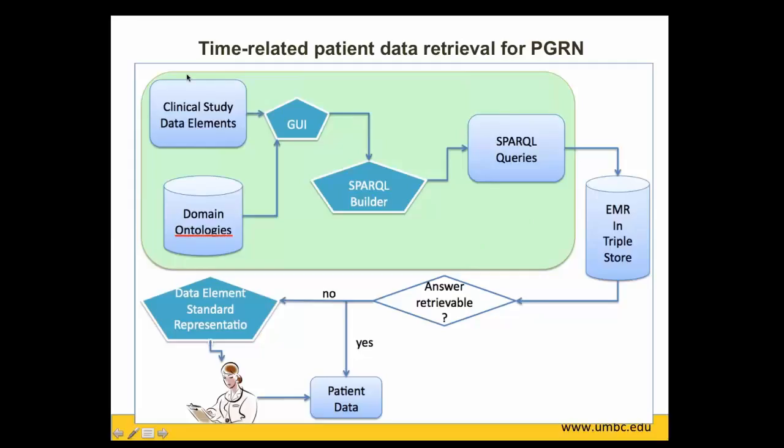So we come up with some temporal information and incorporate it with some domain ontologies, which we can transfer into our ontology and search against some of the EMR systems we created in a triple store. Then we will be able to answer some questions to help the physician make decisions.